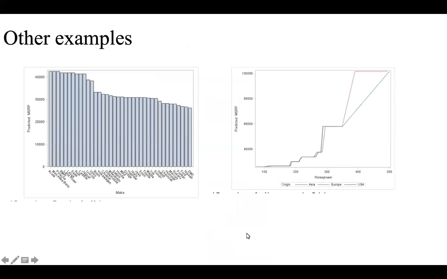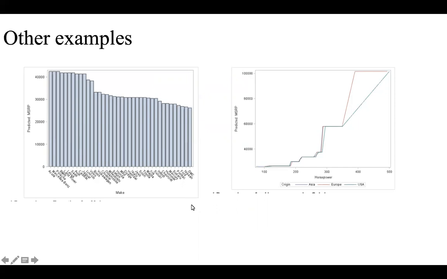Some other examples: here, for the categorical variable make, we can see how the model is using the make of the automobile to predict its price. For Acura, the price is relatively high as compared to GMC.